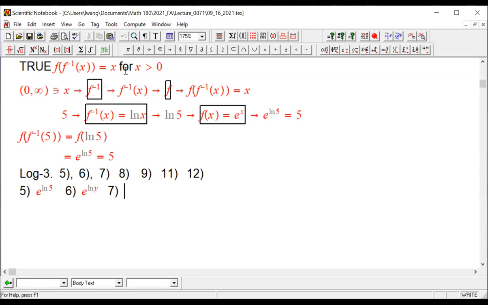And number 6, number 7, e raised to the power of ln root 3. Number 8 means e raised to the power of ln 1 over pi.